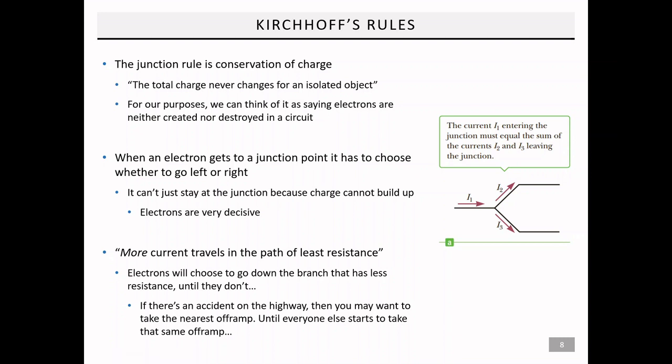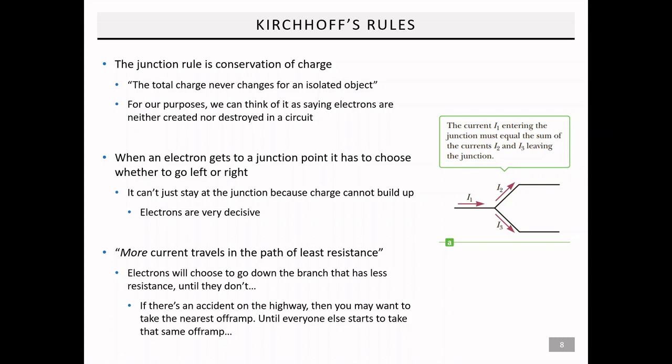The junction rule is basically just conservation of charge. In this figure on the right, you have current I1 going into a junction, and this has to equal I2 plus I3 that's flowing out of the junction. So you have charge traveling in on this current, and some of the charge goes up, some goes down, but the total charge has to stay the same.